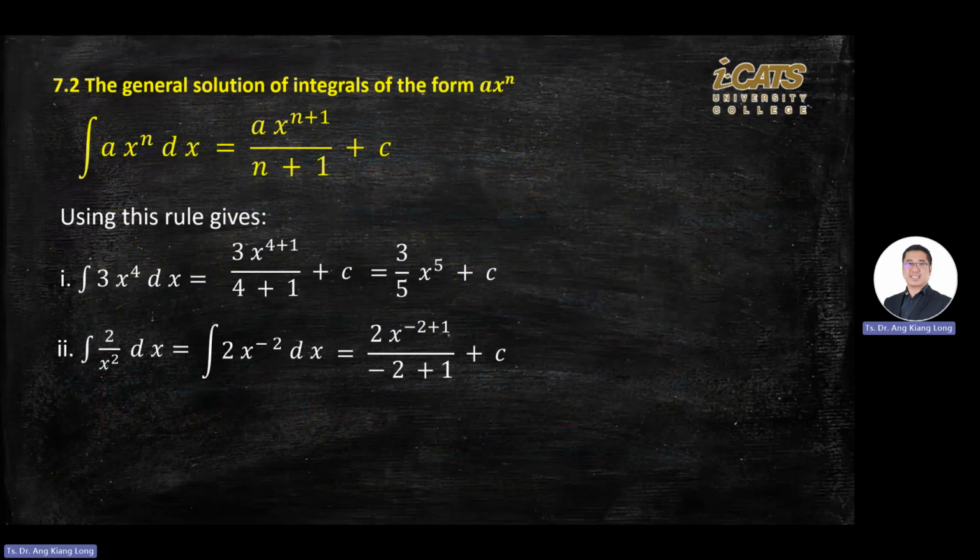Then you do the same as the general formula in yellow. At the end, for the second question, integrating 2 divided by x squared, we arrive at minus 2 divided by x, or minus 2x^-1, plus c.